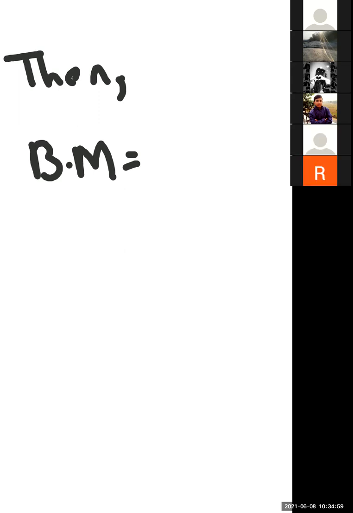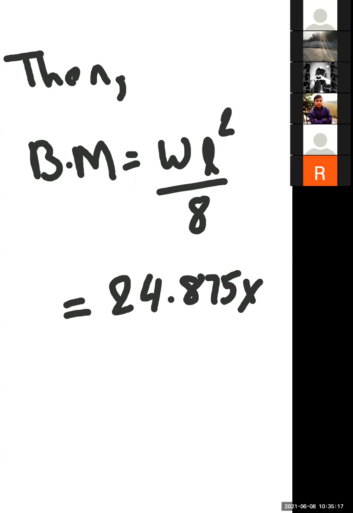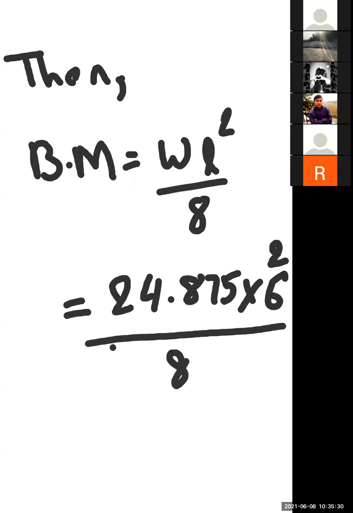WL square by 8, where W is 24.875 kilonewton per meter, and L square is 6 square divided by 8.